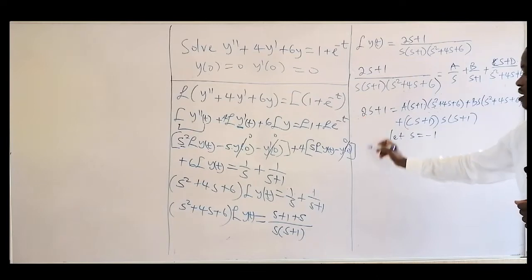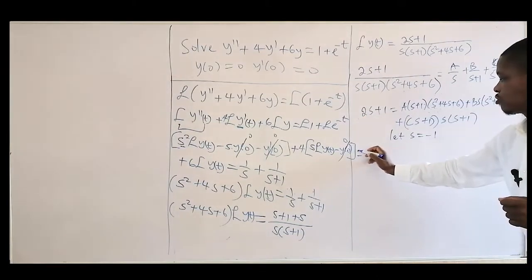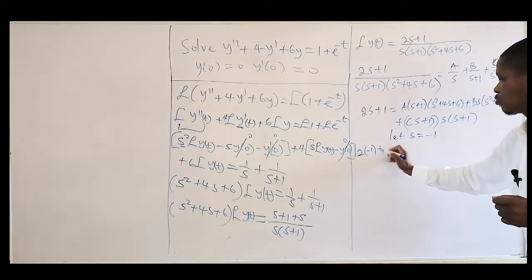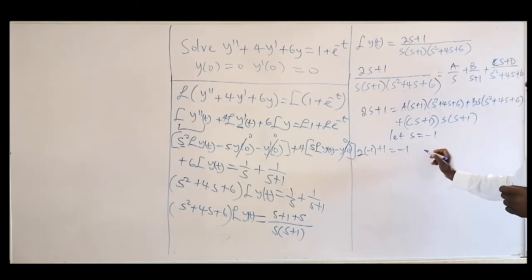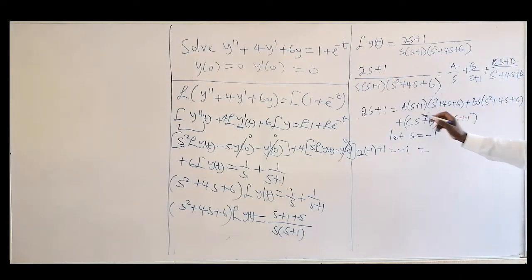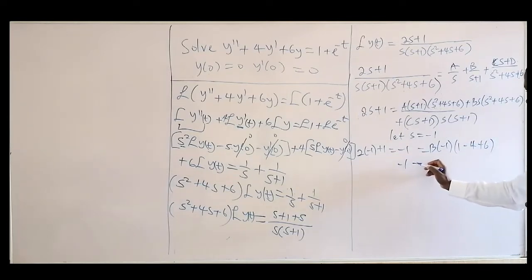If you substitute that, the left side will be 2 times minus 1 plus 1, which is minus 1, equal to, with s equals minus 1, this will go and here also will go. Then we have B into bracket minus 1 into bracket, we substitute here, that will be 1 minus 4 plus 6. So that will go to minus 1 equal to B into minus 1.